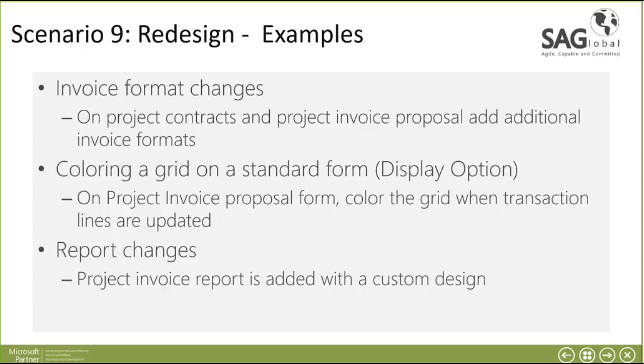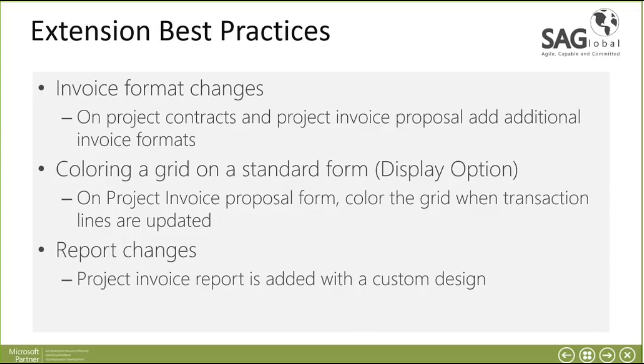But if there are any additional parameters on the contract, that cannot be done, so you end up adding a new clause for that. So eventually, wherever required, you have to create a new object, and within your new report you have to build that entire design, which you basically do by duplicating a standard report, which is again the common scenario for report changes.